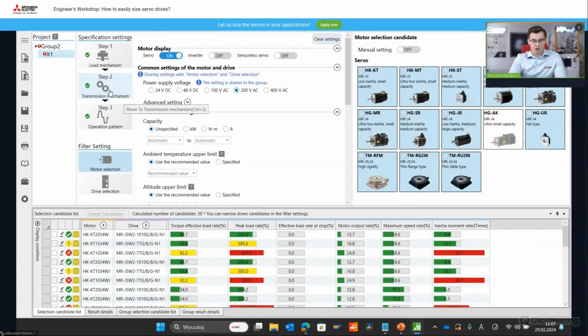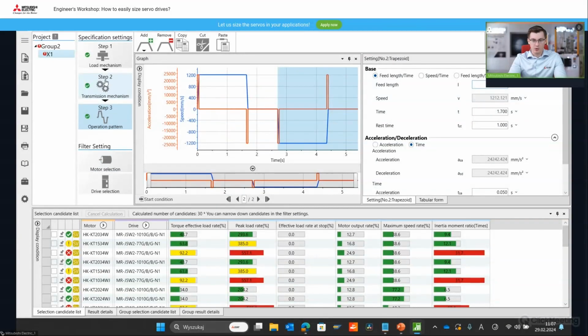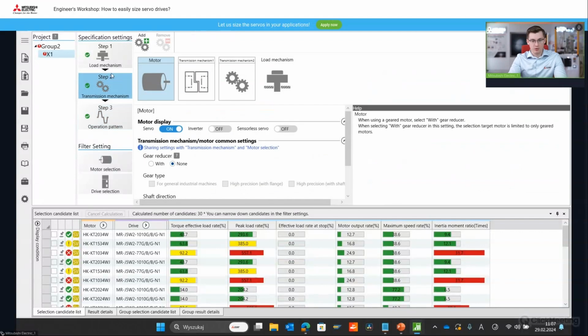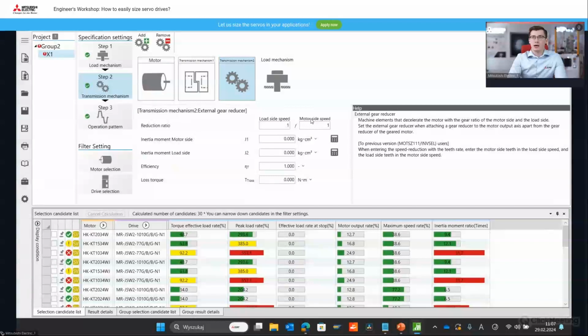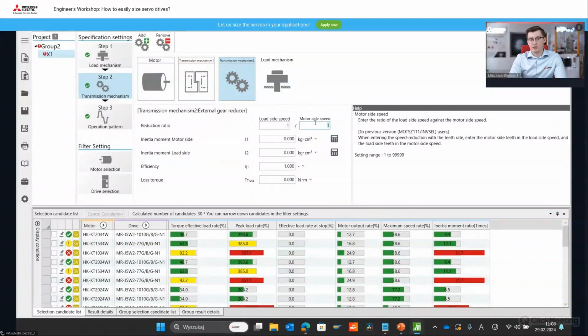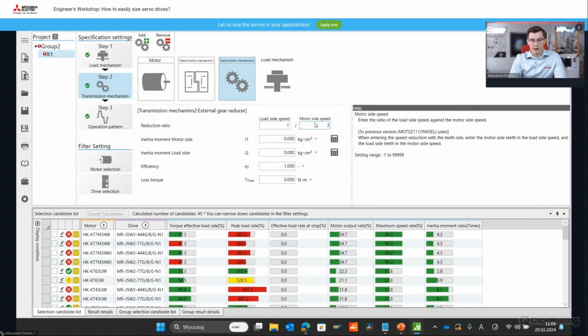So let's check if we can do something when we will choose, for example, the gearbox. So we are going to step 2, to the transmission mechanism, and here we can, let's say, set the gearbox parameters. So I will try with the ratio of 3. Why of 3?